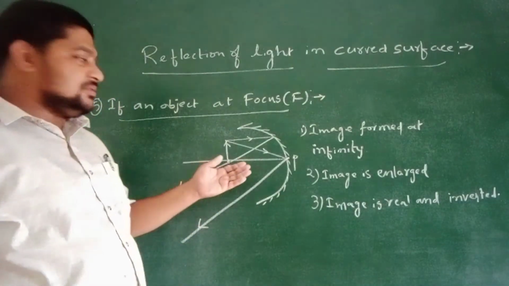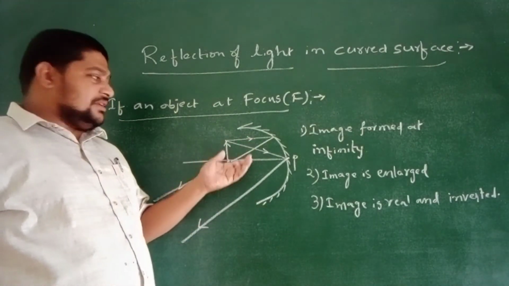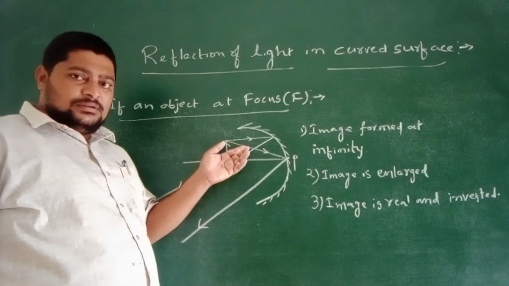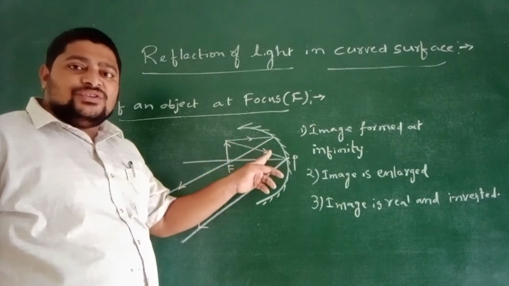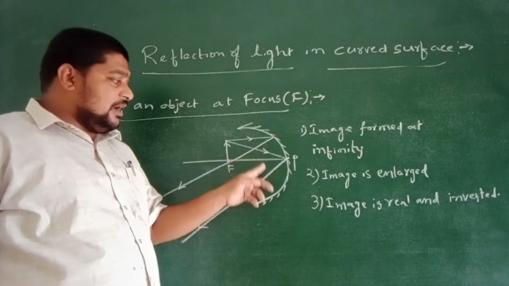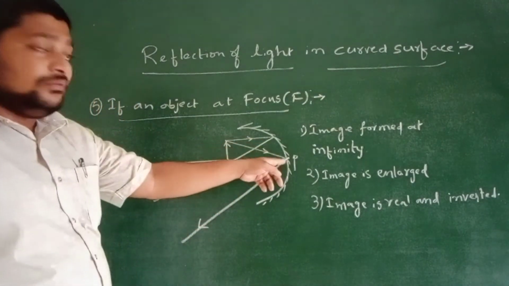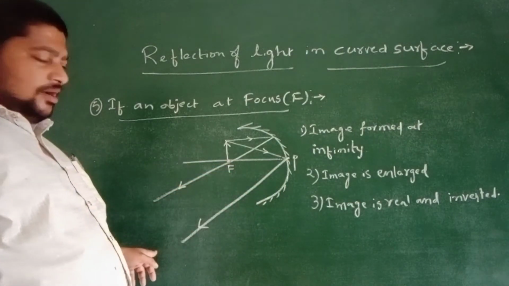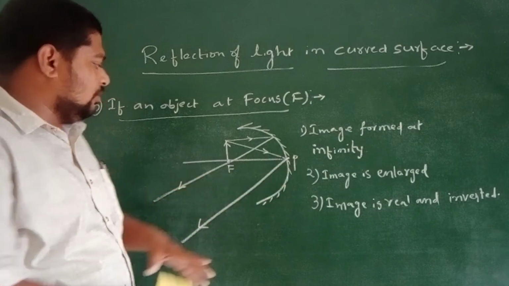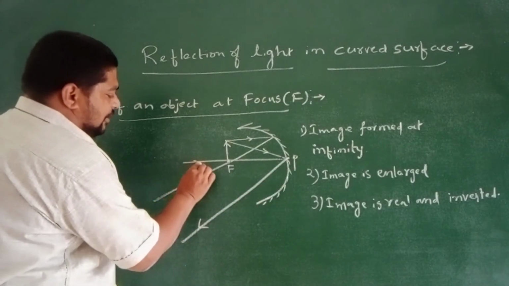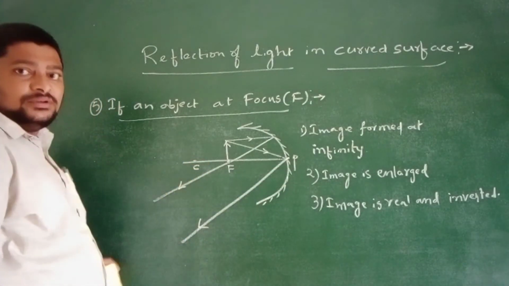Okay, understand? So we will take the first and second rule, or any other rule we can apply. Here I applied angle of incidence equals angle of reflection, obeying the laws of reflection. I have taken this because it is easy to draw. Focus, pole, here the center of curvature. Image formation at infinity.